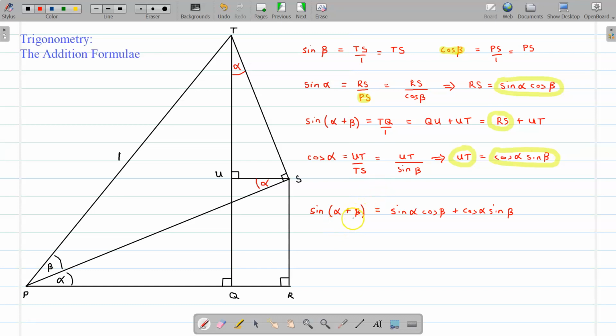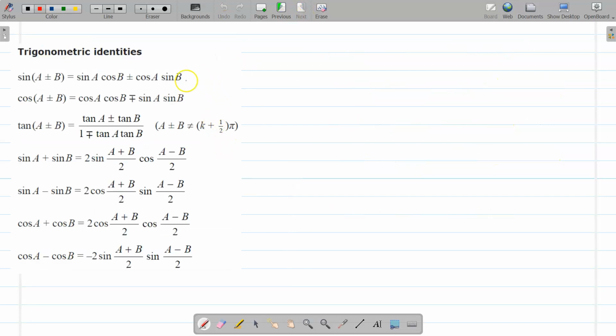And you can also derive what's called the factor formulae. And I'll just briefly show you those on the next page, and then we will look at those in more detail in another video. So let's just look at the next page and see what those formulae are. They're all provided on the formula sheet in the A level. We've done the first one, sine of A plus B equals sine A cos B plus cos A sine B. And as I said, you could replace the plus with a minus there and the plus with a minus there.